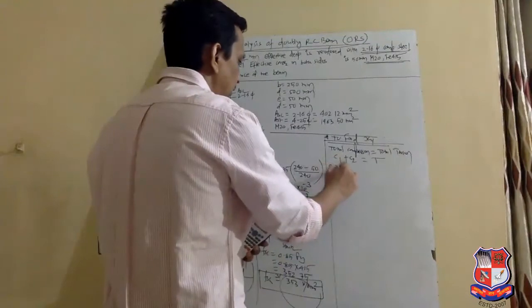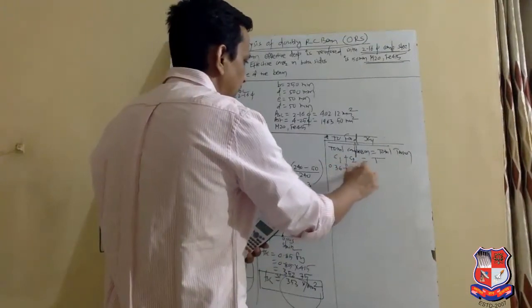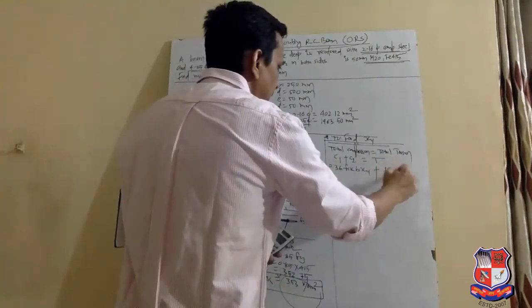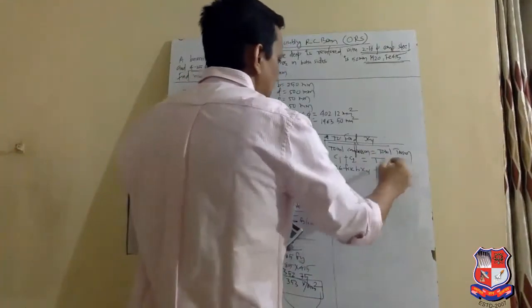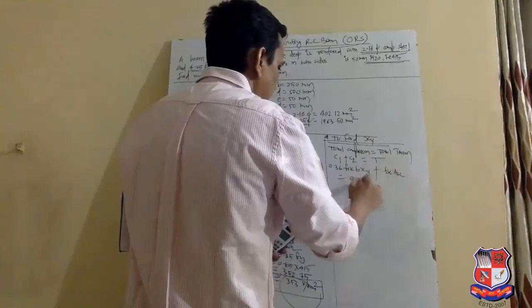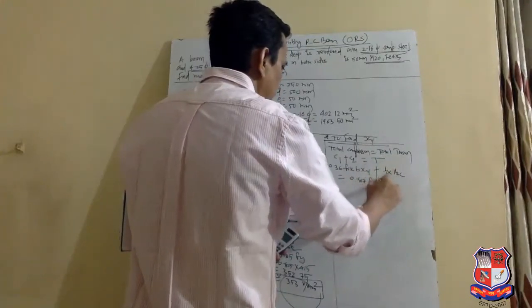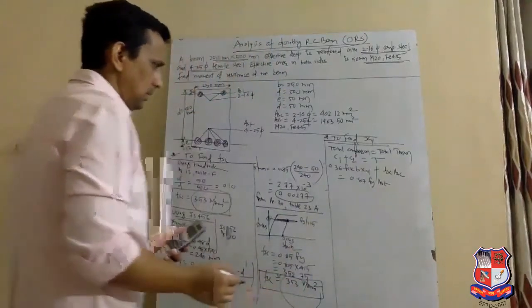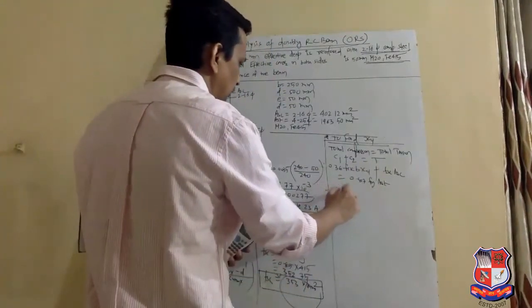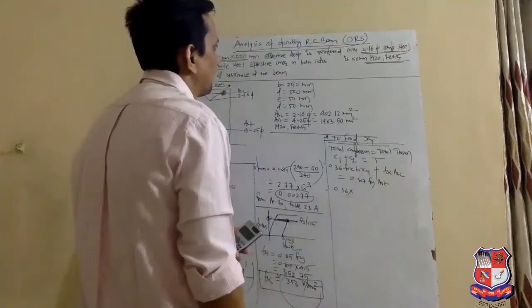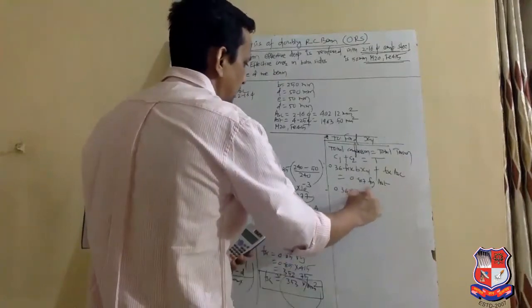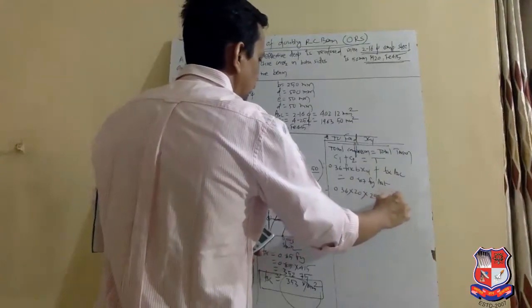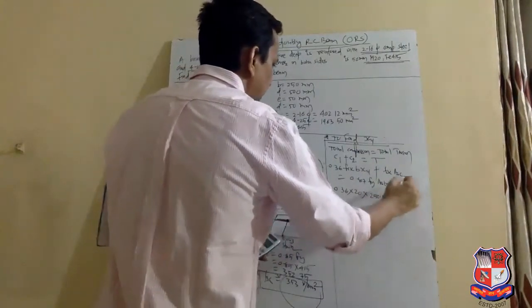Now C1 is 0.36 FCK B into XU, plus C2 means FSC into ASC, and T means 0.87 FY AST. Now put all the values. 0.36 FCK is 20, B is given 250 and XU is our interest.